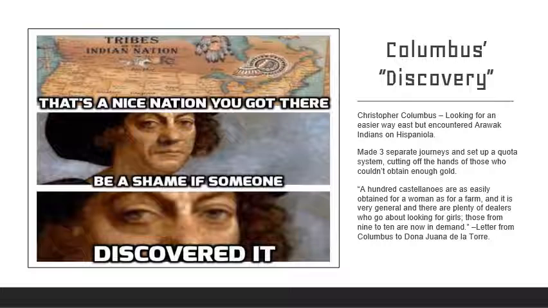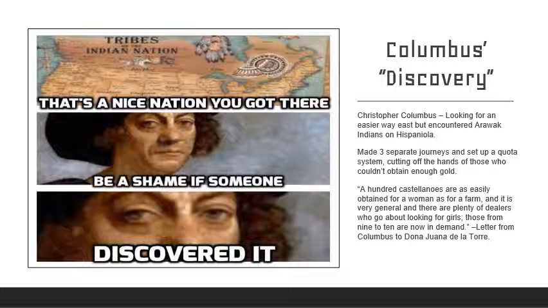Now, obviously, Christopher Columbus did not actually discover anything because the natives were already here. You can't discover something that people already know about. But also, he didn't even discover it for Europe. The Vikings were actually here hundreds of years earlier. We just didn't really take the Vikings seriously.